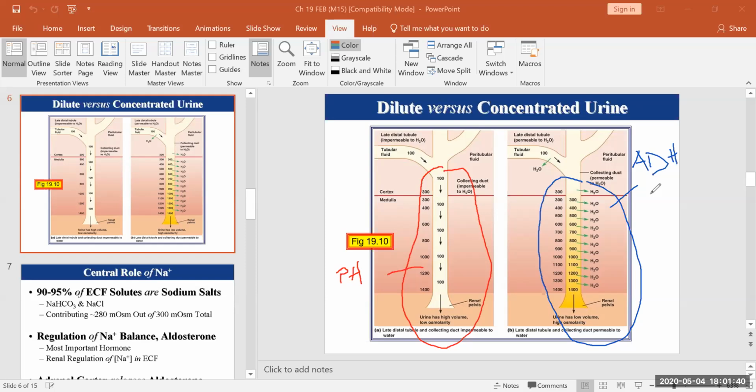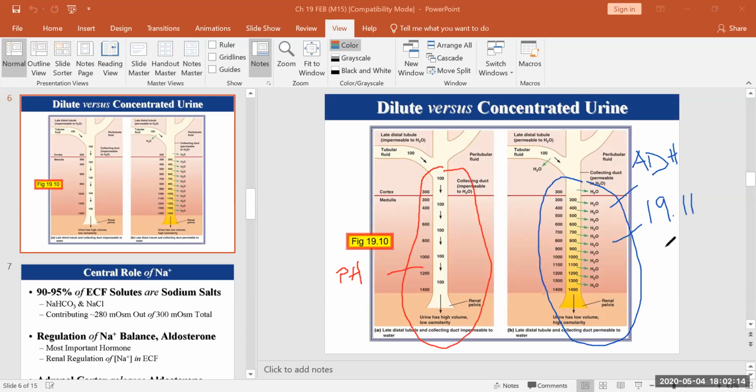And you have a picture in your book about that. And that picture specifically is 19.11 on page 543, right? So you see on that picture, the ADH is a hormone released by the posterior pituitary gland. It's leaving the capillary bed, and it goes into the receptor.